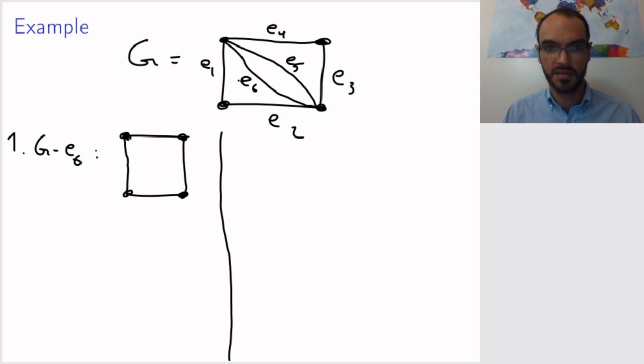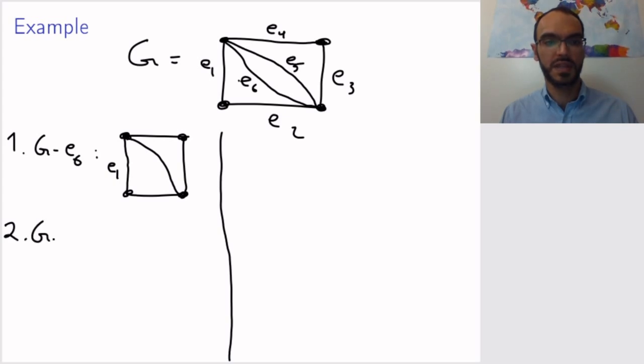Now I have a graph that looks like this. Still, this graph has cycles. For example, I have this cycle that goes E1, E2, E5. It's still there. So E1 is an edge in a cycle. So let me remove E1 as well. Now I have removed E6 and E1. The graph I get now looks like this.